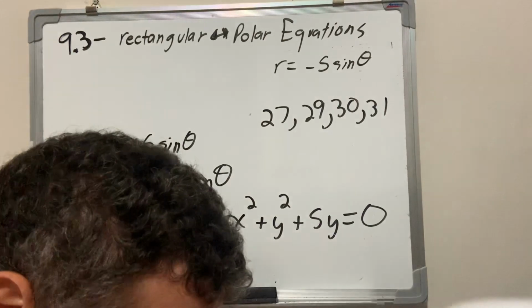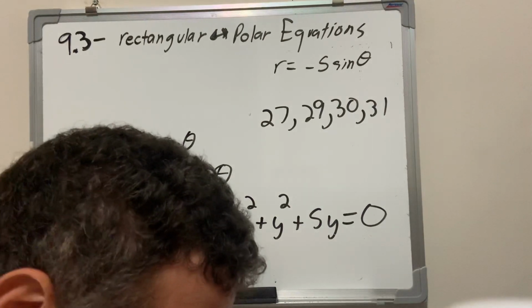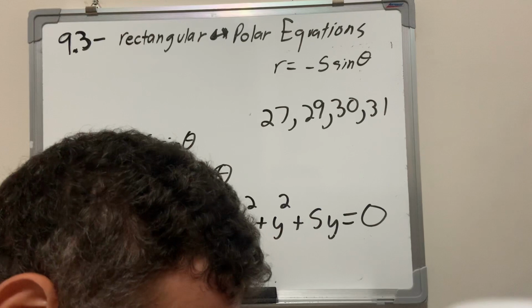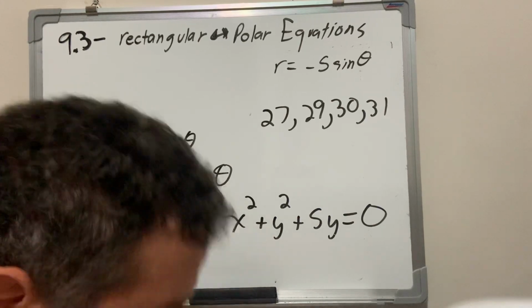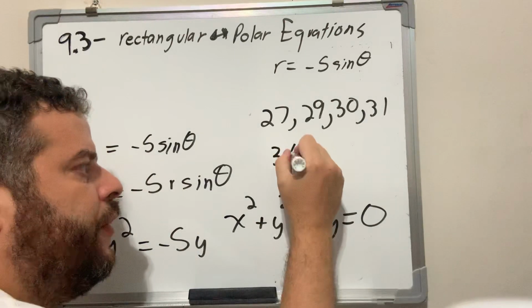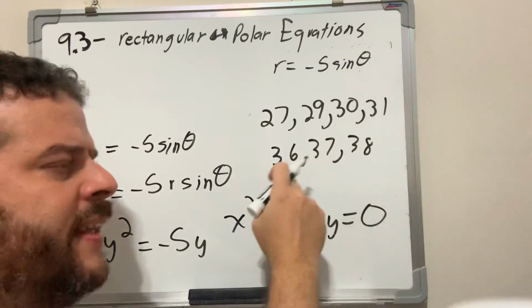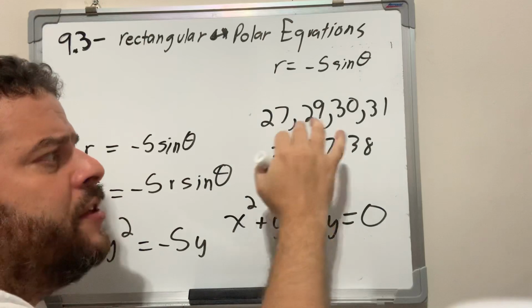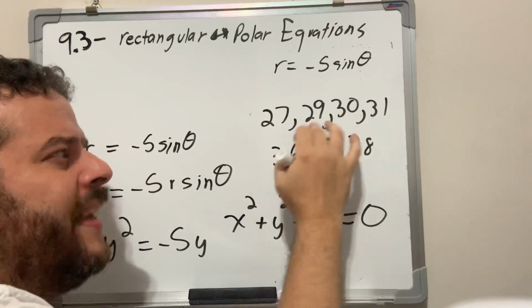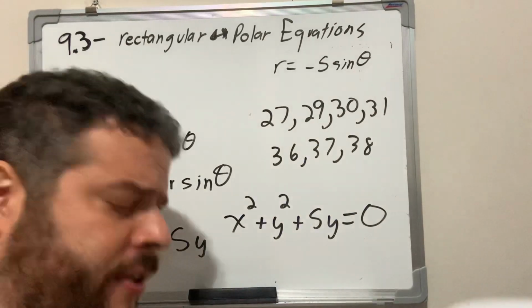And also, I want you guys to do 36, 37, and 38. One of each. These are one of each of the examples we just went over, and these are the rectangular to polar. I need you guys to practice these more because they're slightly tricky.